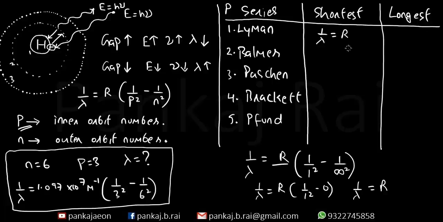Now let us move ahead. Let's say we have to find the shortest wavelength of the Balmer series. For Balmer series, the transition should be to the second orbit. For the shortest wavelength, the gap should be the largest, so the higher orbit should be infinite.